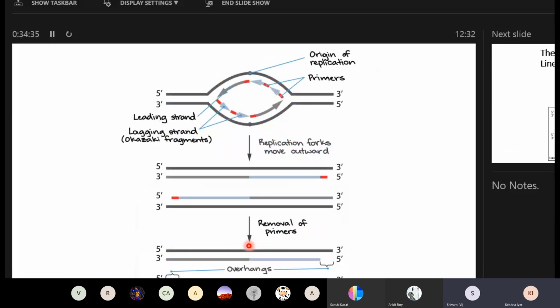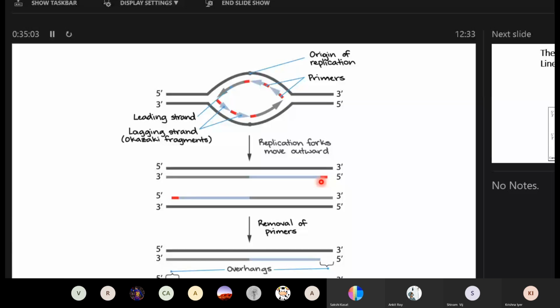Okay. Yes, sir. Now, in all these cases, filling the gap was no issue because there was a 3' OH available to which the polymerase could add. But when I came to the end, when I removed this primer and wanted to fill it with DNA, I got no 3' OH to add to, because this is the 5' end. And my DNA never grows in the 5' to 3' direction.